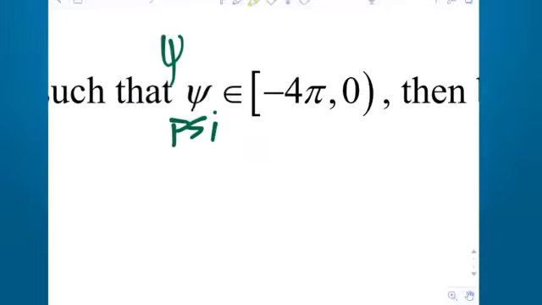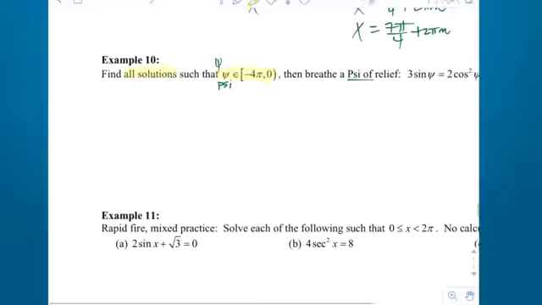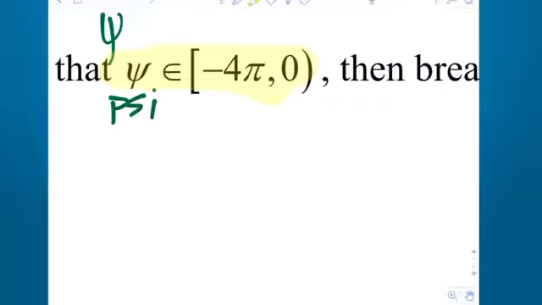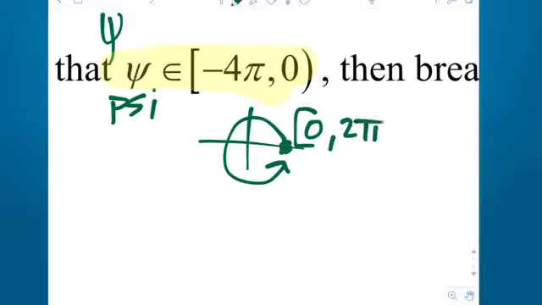Now notice this is very important on every single problem because that tells you where the solutions are. So we're looking for all the solutions in this interval, negative 4 pi to 0. And if you remember from last Thursday, I told you the easy way to find all the solutions regardless of what the interval ends up being. If we can find all of the ones in our comfort zone, and that's kind of a relative term, right? Some people are still not comfortable with it. But by comfort zone, I mean from 0 to 2 pi, within one positive rotation on the unit circle.